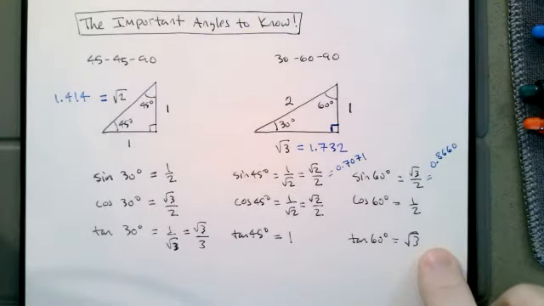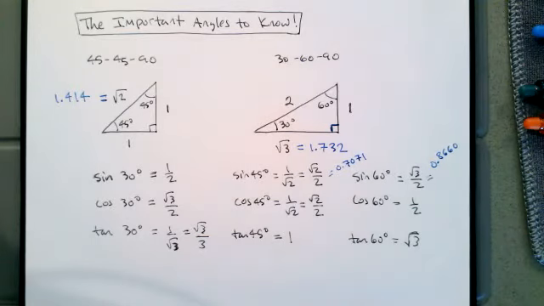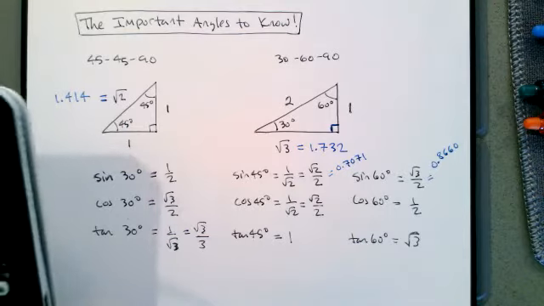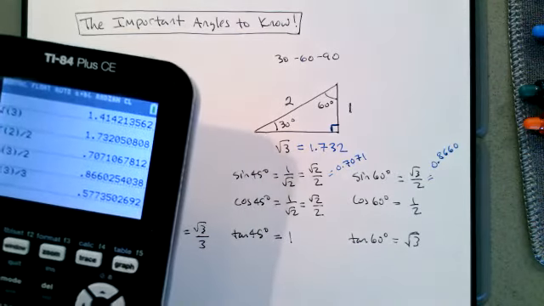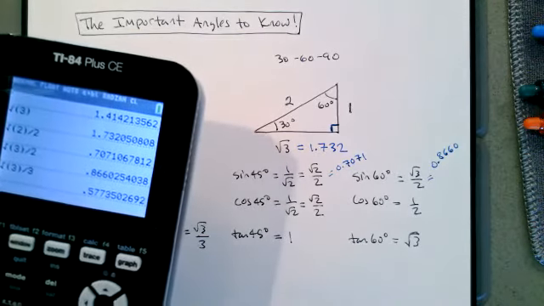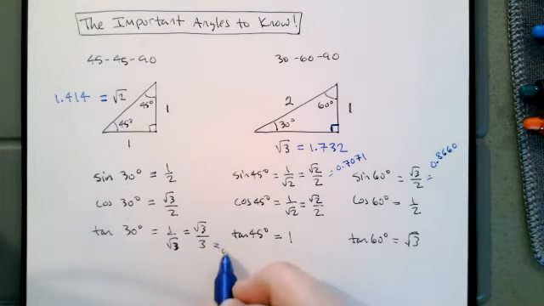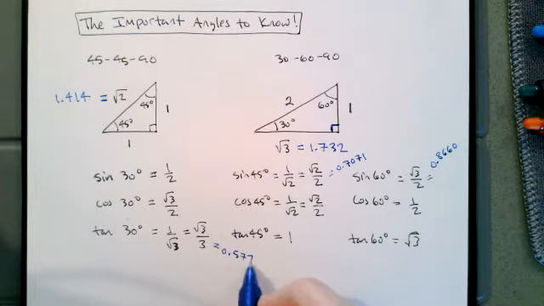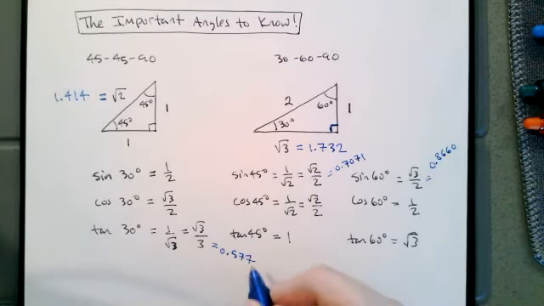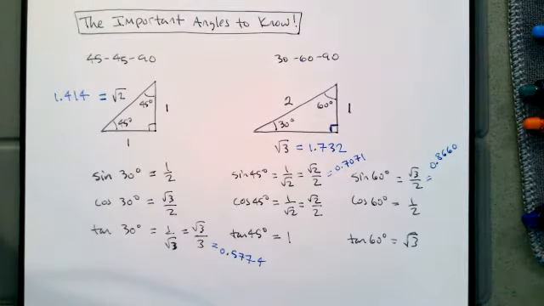We already know that square root of 3 is 1.7. So if we divide that by 3 to get the tangent of 30, 0.577. 0.5774, because I'm writing 4 significant digits for whatever reason.